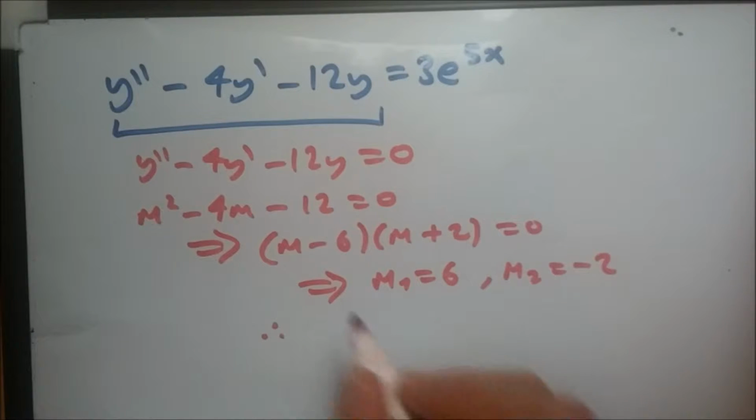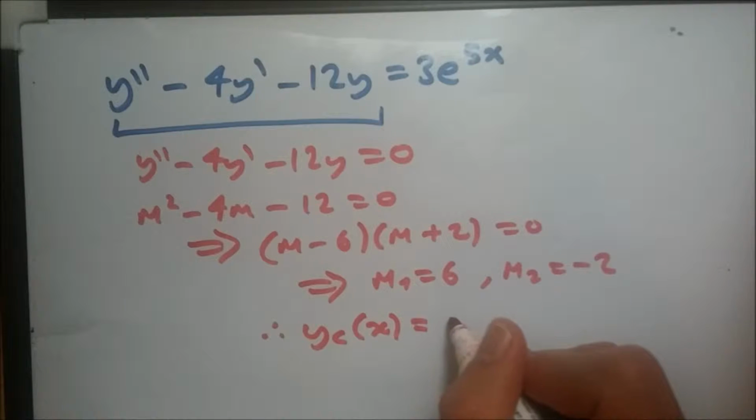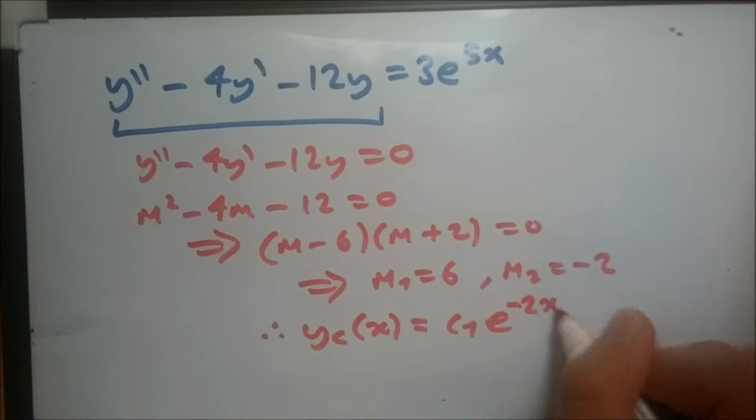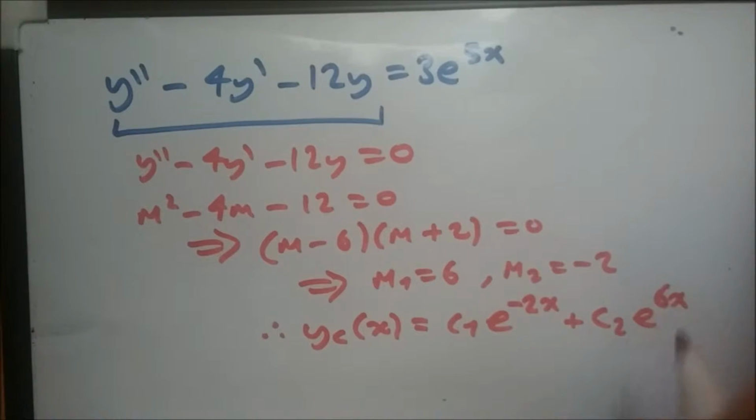And thus the complementary part of the solution y_c(x), based on the general formula, is going to be c1 e to the power of minus 2x plus c2 e to the power of plus 6x. I could have done 6 and minus 2, but who cares? The constants are to be solved if we have boundary values or IVPs, but in this case this is just a general working out. So this is the complementary part done.